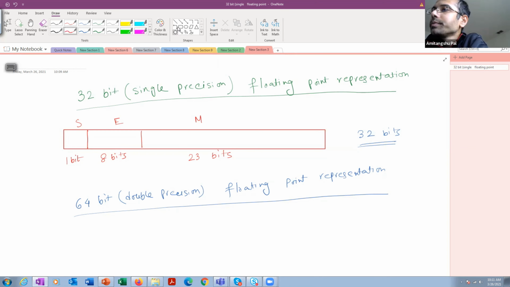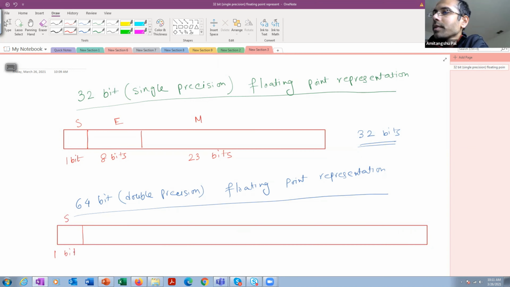In case of 64-bit representation, the first bit is the sign bit. The next 11 bits are exponent, and the remaining bits are mantissa. So 11 plus 1 is 12, and 64 minus 12 is 52. The remaining 52 bits are mantissa. Clear?